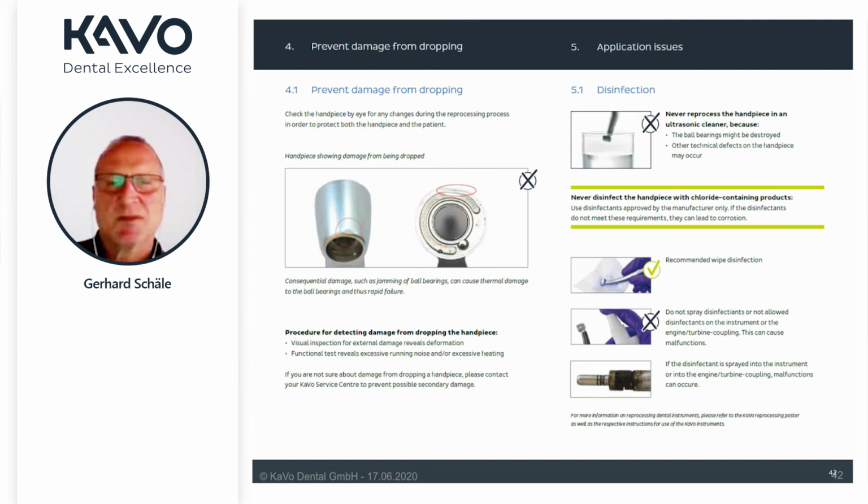Always control the instruments before you place them into the thermal disinfection, before you place them in the sterilizer. If there are some dents, it always can happen that the instrument drops down on the floor. Yeah, this can happen, but please control it. Even if you see dents like this one here, this could end in a special problem which is called blocking of the instrument. Never use liquids or ultrasonic cleaners to clean up the instruments.